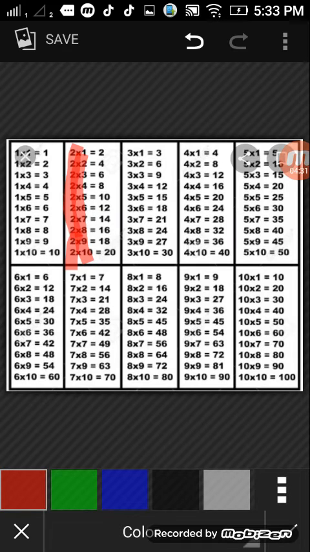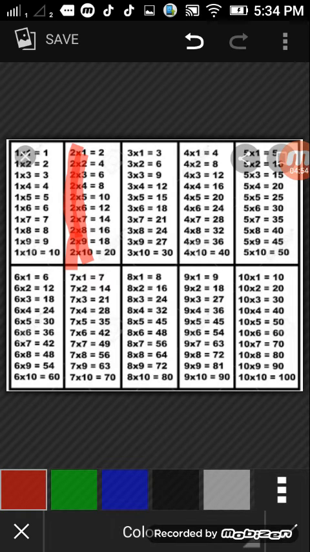How do you multiply it? 2 times 1 equals 2, 2 times 2 equals 4, 2 times 3 equals 6, 2 times 4 equals 8, 2 times 5 equals 10, 2 times 6 equals 12, 2 times 7 equals 14, 2 times 8 equals 16, 2 times 9 equals 18, 2 times 10 equals 20.